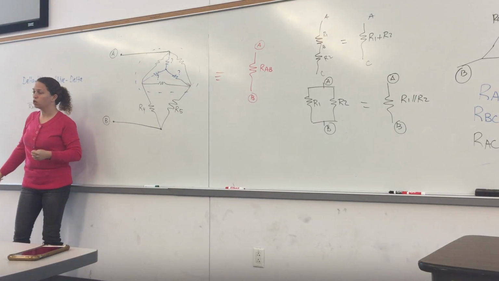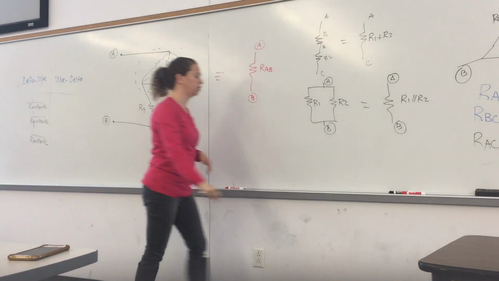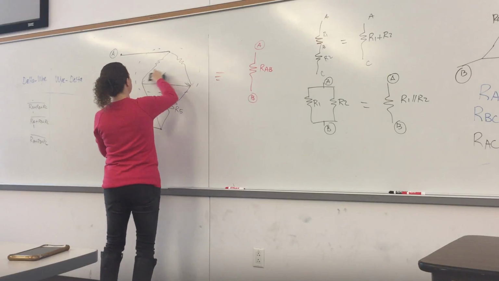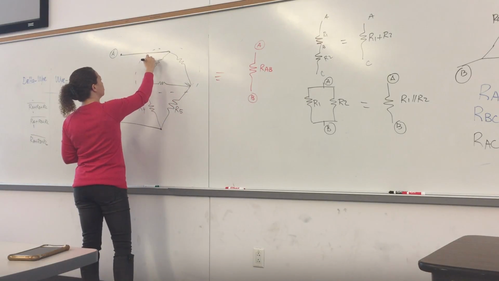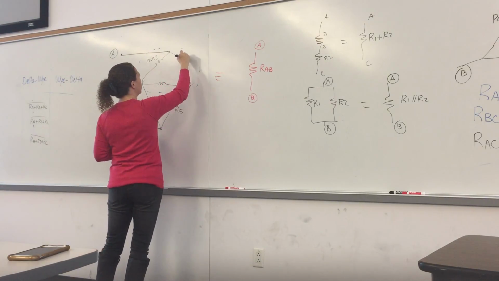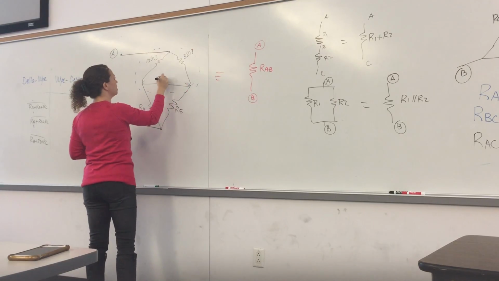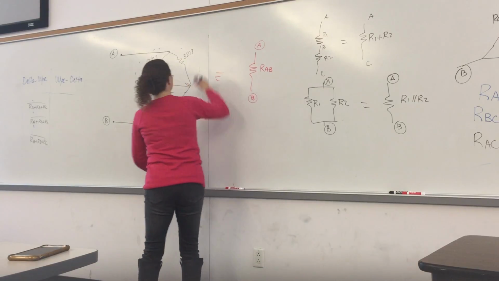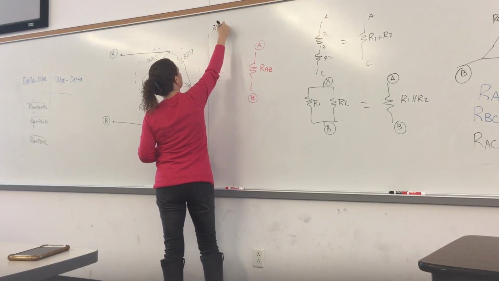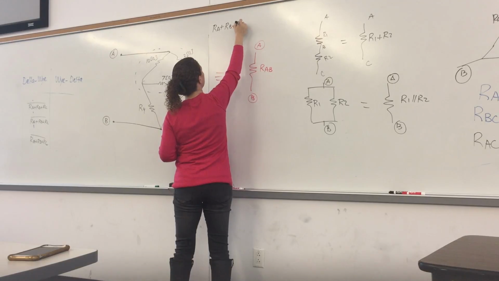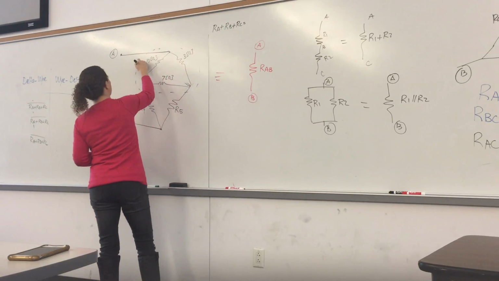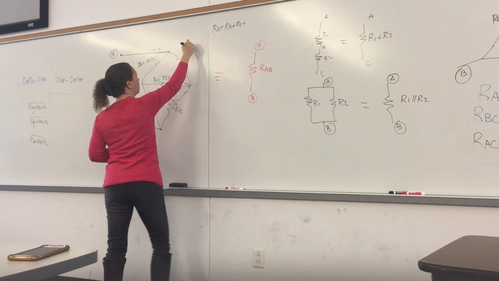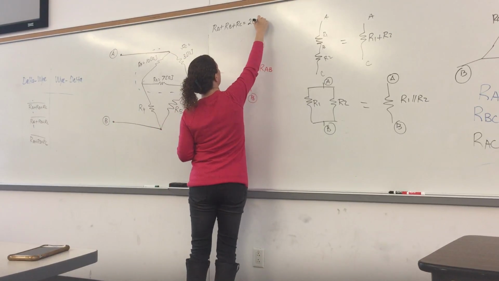Okay? So let's say this is 10 ohms, this is 3 ohms, this is 7 ohms, right? And then the total resistance, RA plus RB plus RC, and you can actually give those names, A, B, C, will be 20 ohms.